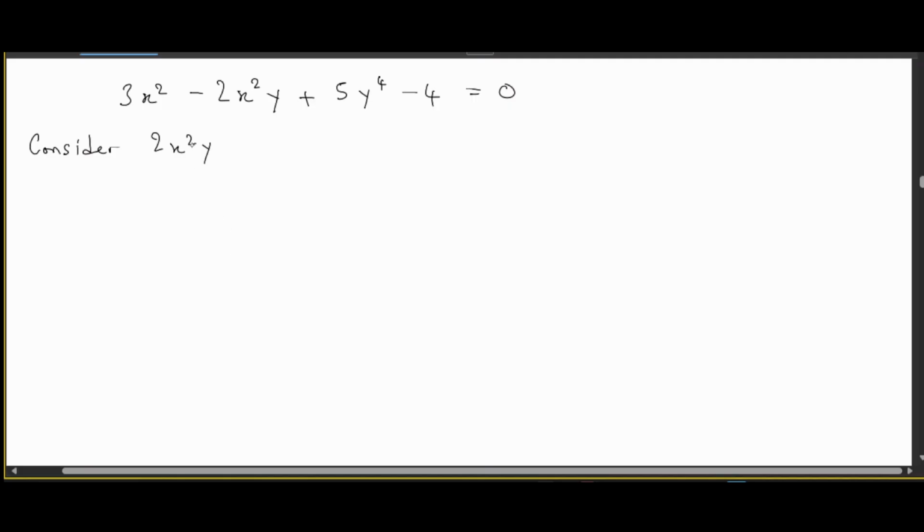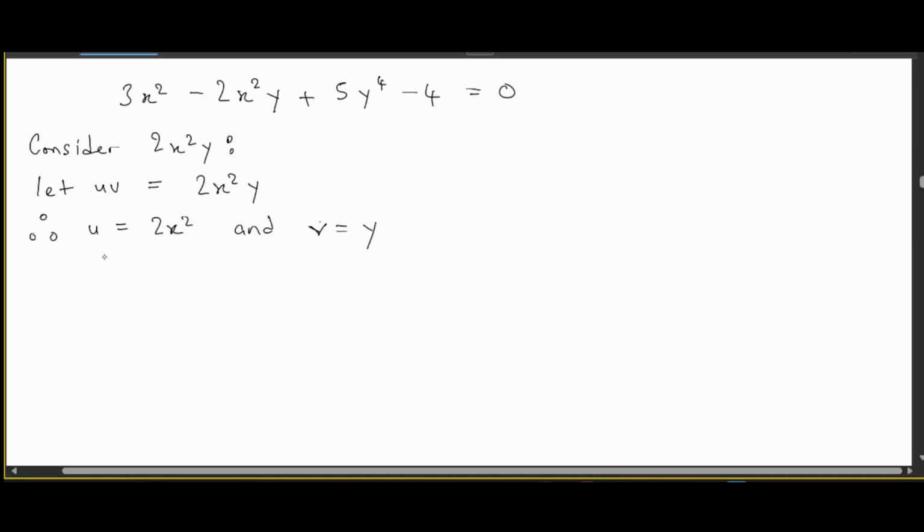So in this consider 2x squared y, let uv equal 2x squared y. This means therefore u is equal to 2x squared and v is equal to y.